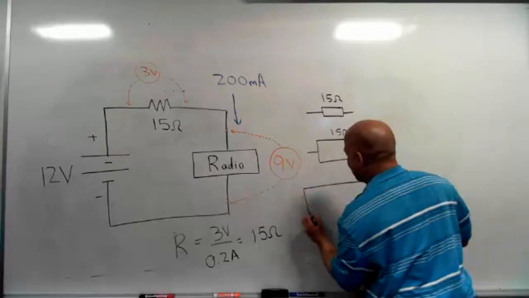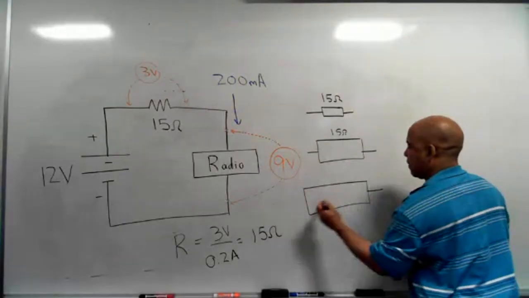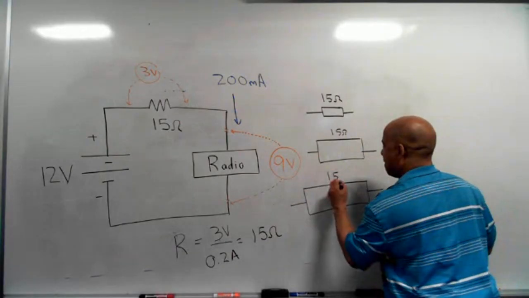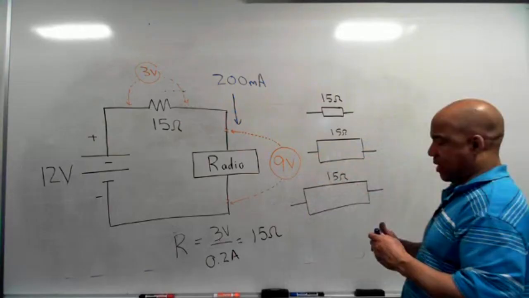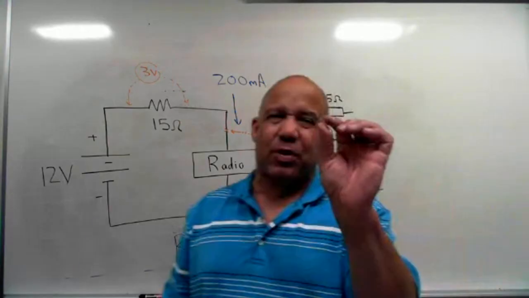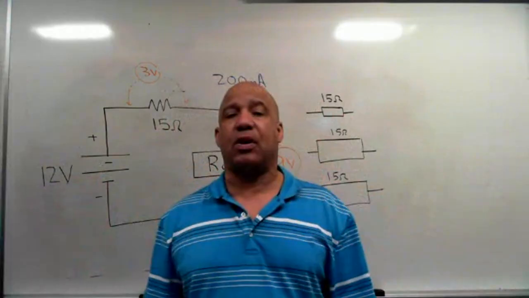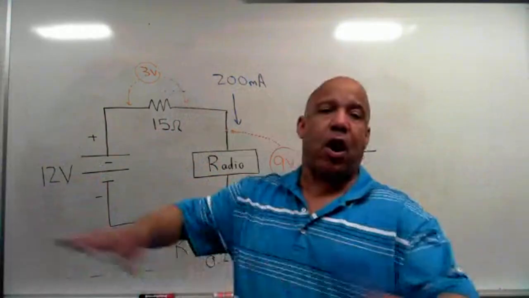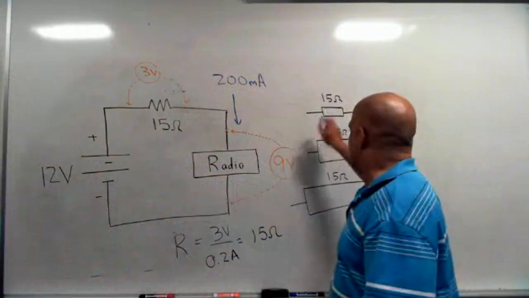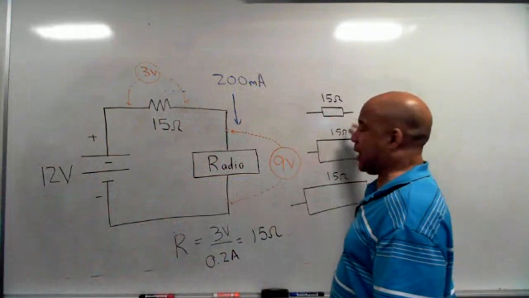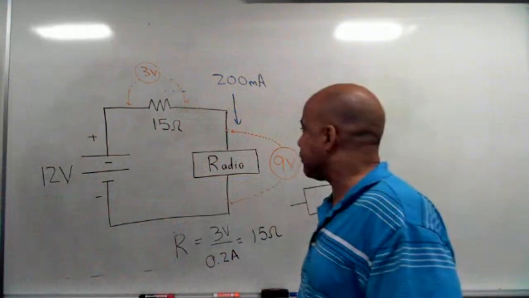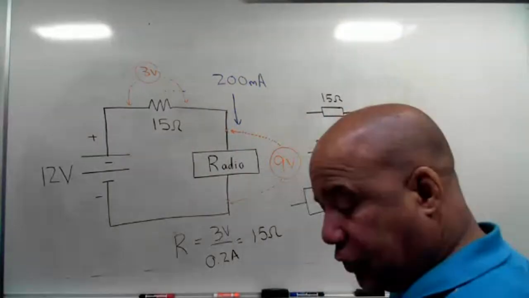I can have a 15 ohm resistor like this. In other words, they make really tiny 15 ohm resistors, and they make really huge 15 ohm resistors. What do you think the difference is? If they're all 15 ohms, other than the physical size, what do you think the difference is between one and the other? The bigger the resistor, the more what?